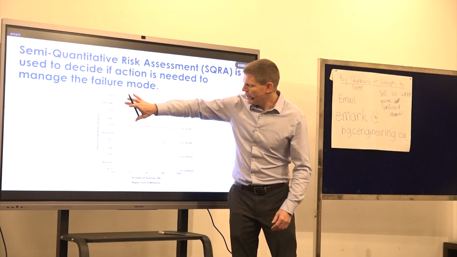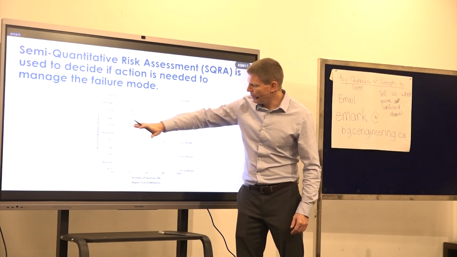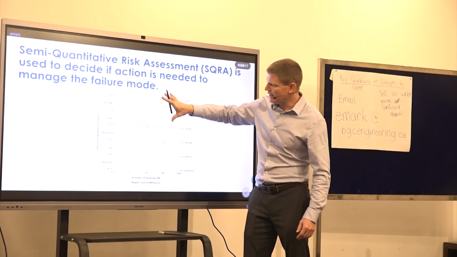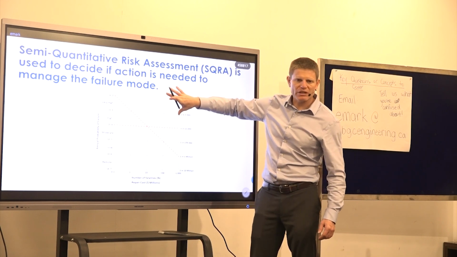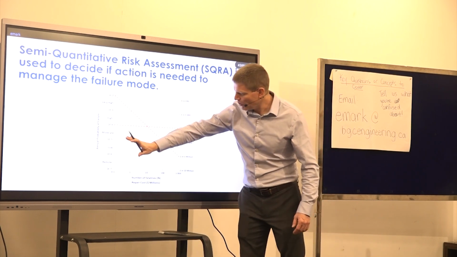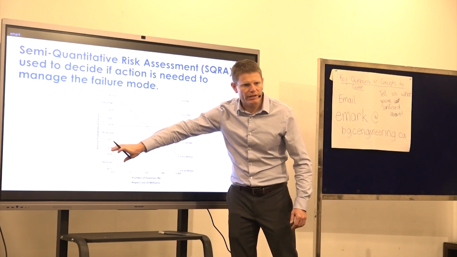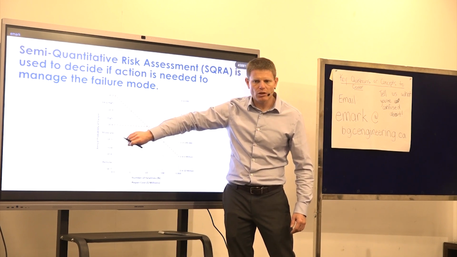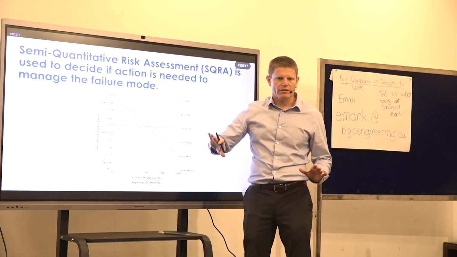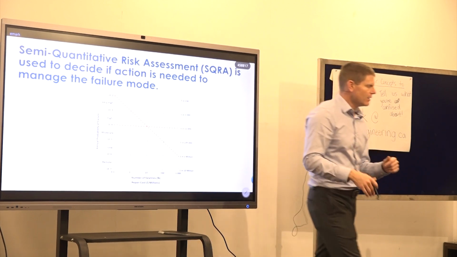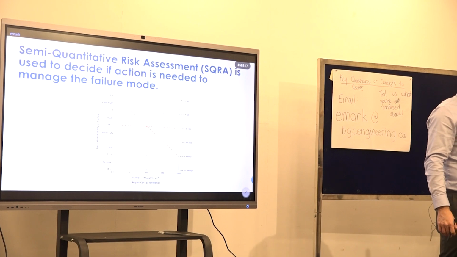So we'll say, well, if we are above this line or above this line, then the risk is too high. We must do something. But if we're below the line, that means we have a small consequence and a small probability, then the risk is low enough that we don't need to take action. This is how you can decide whether to take action or not.